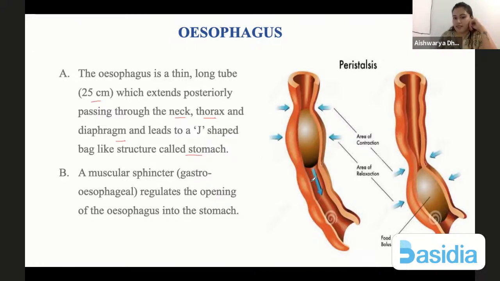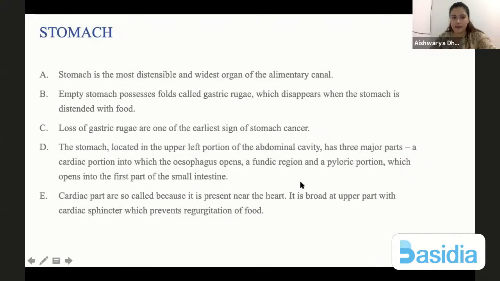Peristalsis or peristaltic movement is nothing but relaxation and contraction of the food pipe so that the food can be pushed down. Okay, so that is the area of contraction, area of relaxation, and the food eventually is pushed down. Other than that, the esophagus will not do anything else. Okay, it is just a passage for the food into the stomach.